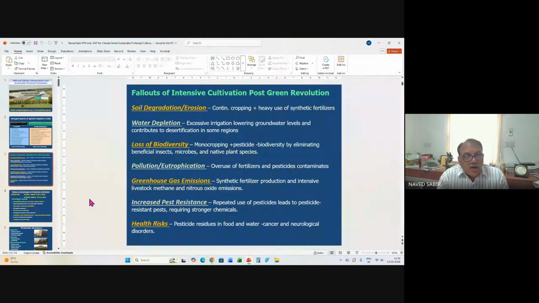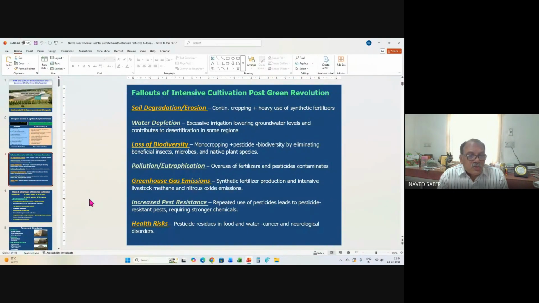The loss of biodiversity was happening due to intensive cultivation. A lot of minor crops went away because the area that was covered by them had gone due to monocropping, extensive cultivation, or due to market unavailability or lack of a professional market.